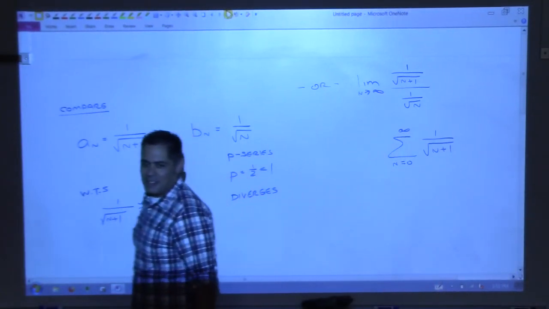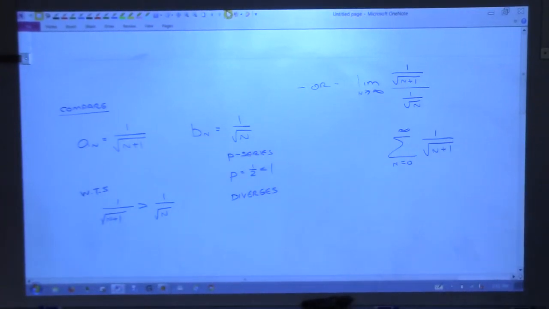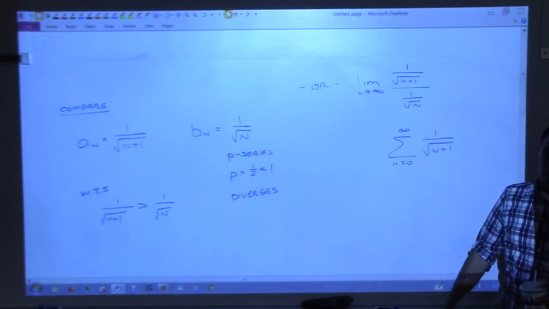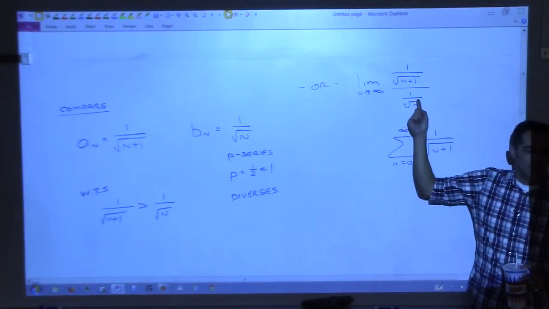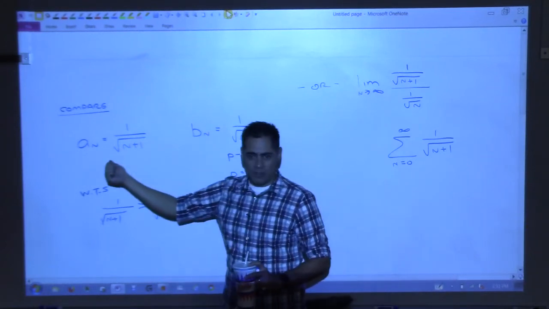It's on your sheets. It has to be a positive real number. And if it does turn out to be a positive real number, what would it tell you? That they both go to the same thing. So if this diverges, that diverges.